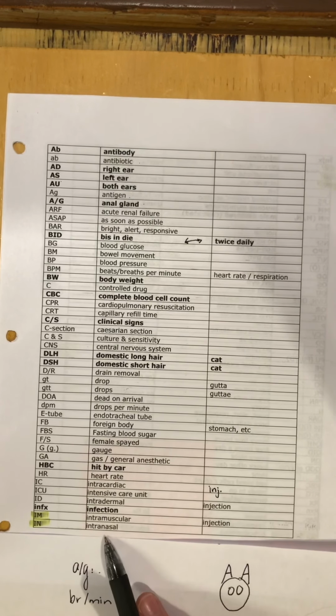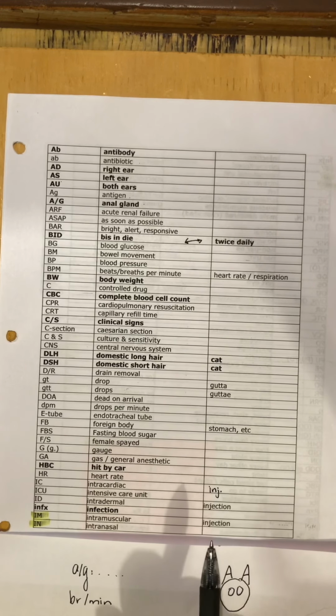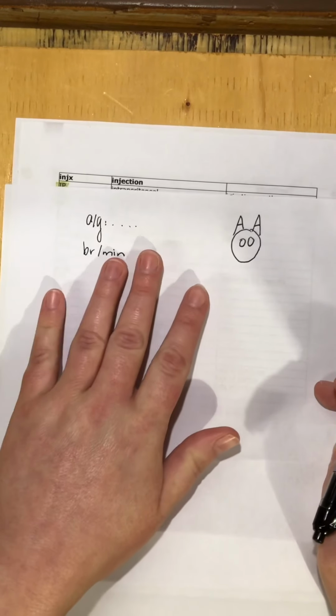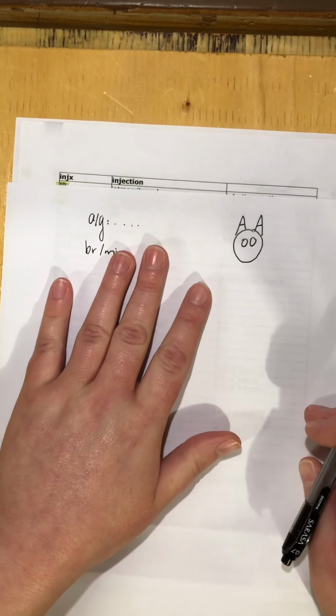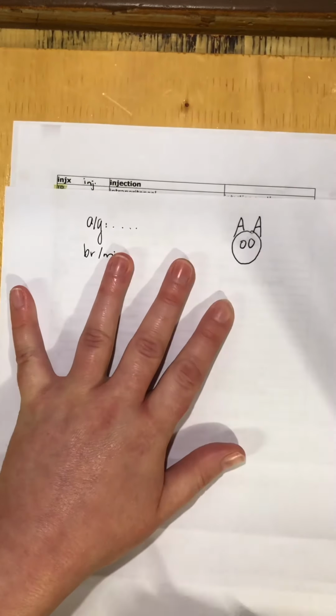IN is intranasal, so that is not necessarily an injection. We're usually just spraying something into the nose. INJX is just injection. I also just do INJ as well.